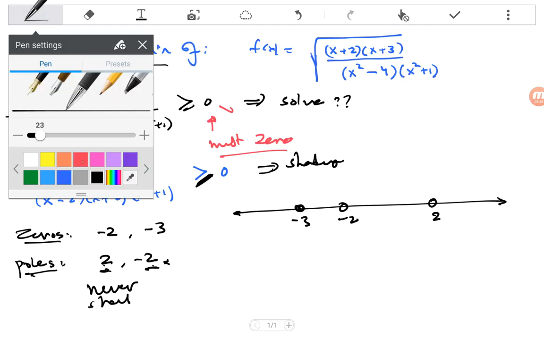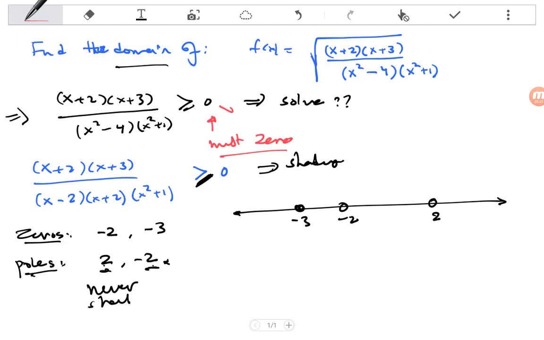The next step is to find the signs of each interval of these. To find the signs, we choose a number here. For example, I choose 3, and I look at every bracket. What is the sign of it?